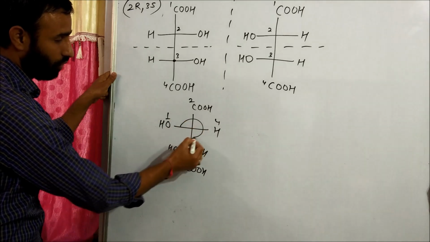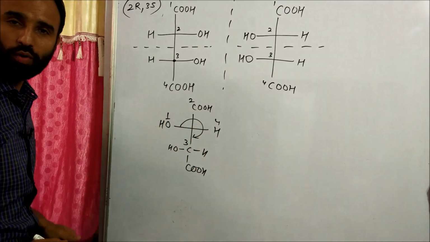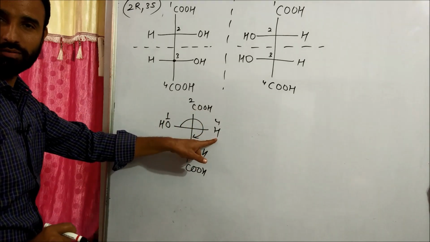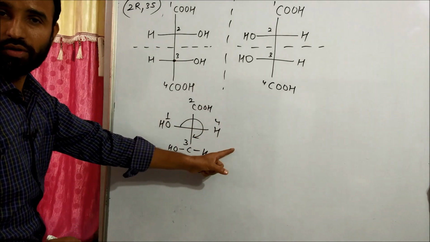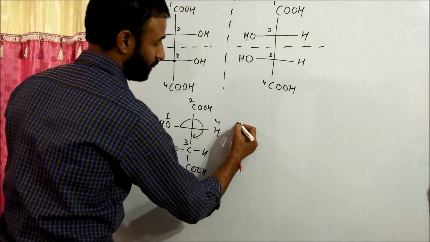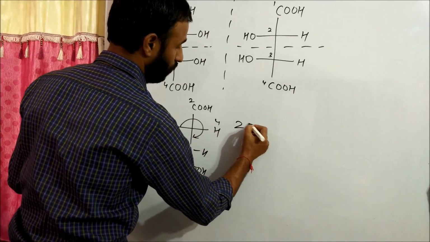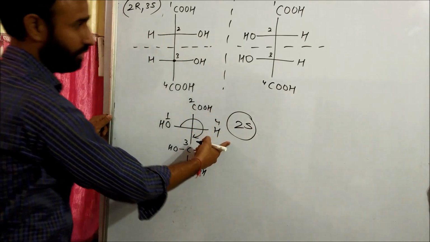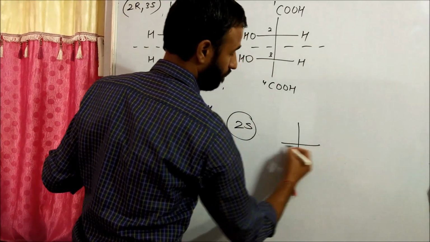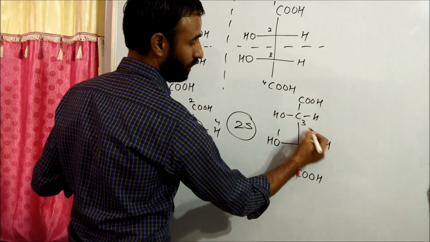So 1, 2, 3, clockwise, horizontal. What does it mean? Clockwise, horizontal, S. So it is 2S. At third, 1, 2, 3, 4.